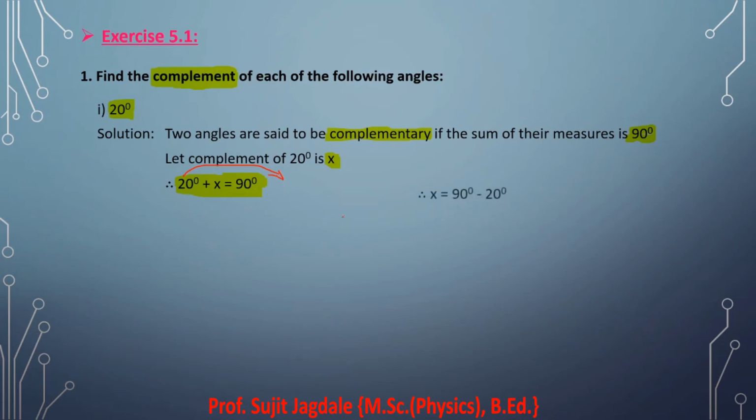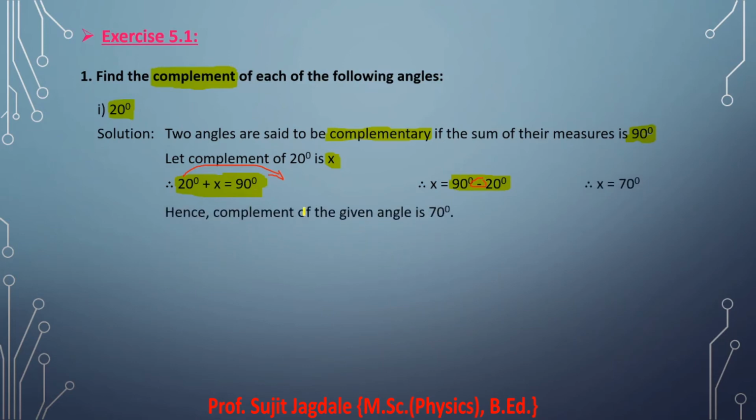So plus becomes minus, and therefore we get 90 degrees minus 20 degrees. Now perform the subtraction. 90 minus 20 is 70 degrees, and therefore the complement of the given angle 20 degrees is 70 degrees. Complement means two angles whose addition is 90 degrees; those two angles are referred to as complements of each other.